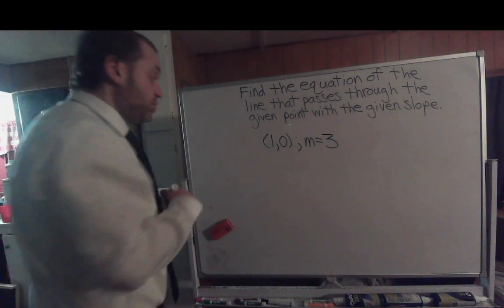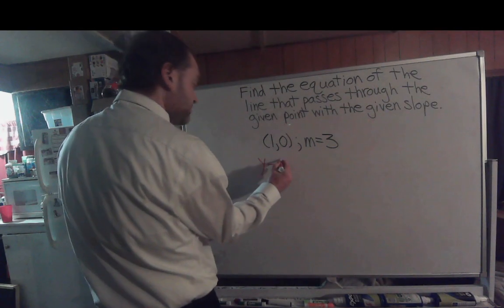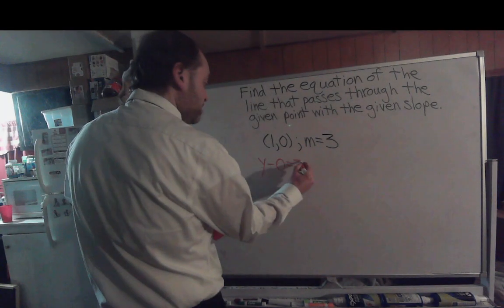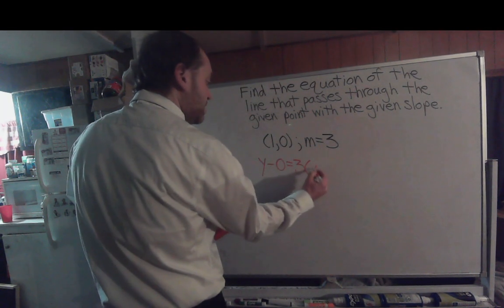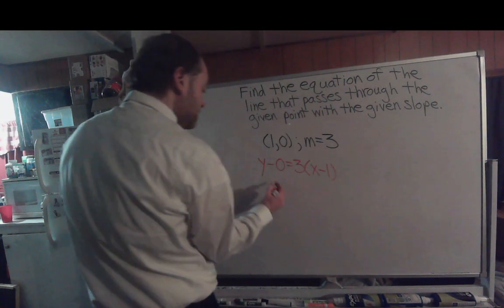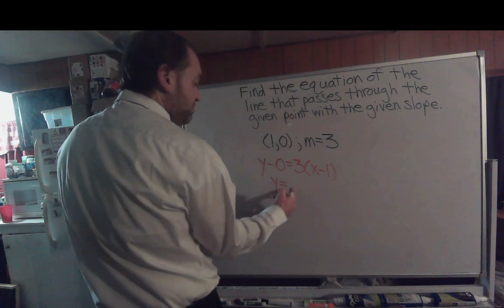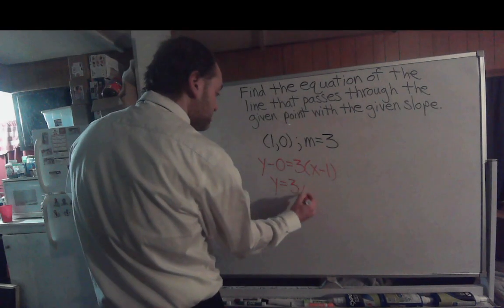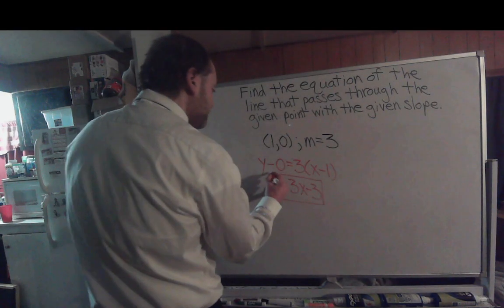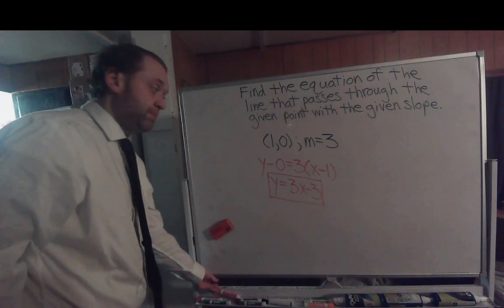Well, of course, take your y minus your y-coordinate of 0, set that equal to your slope of 3 times the quantity of x minus your x-coordinate of 1. Well, y minus 0 is just y. That'd be equal to 3x minus 3. So the equation we'd be looking for in this case is y equals 3x minus 3.